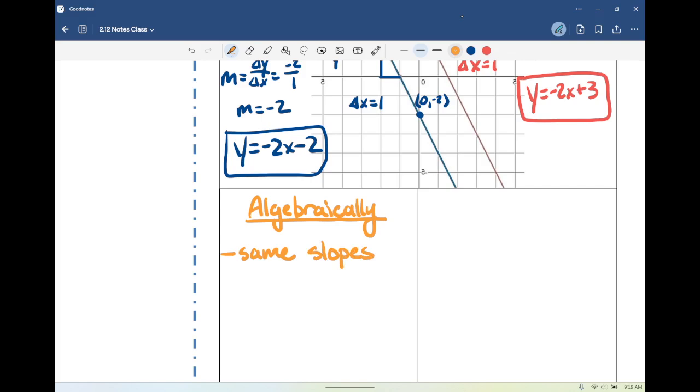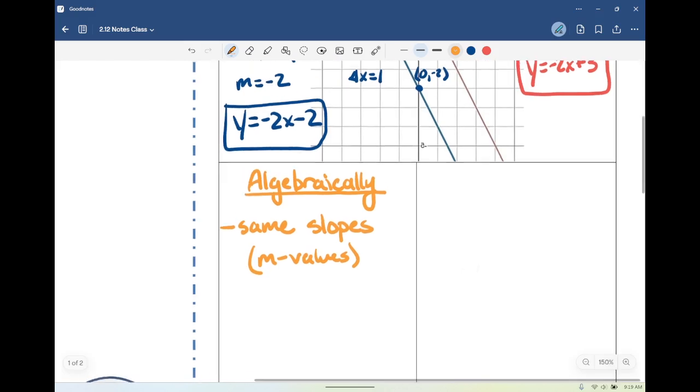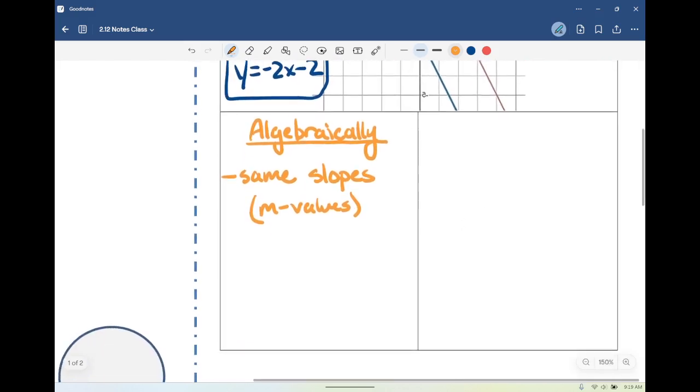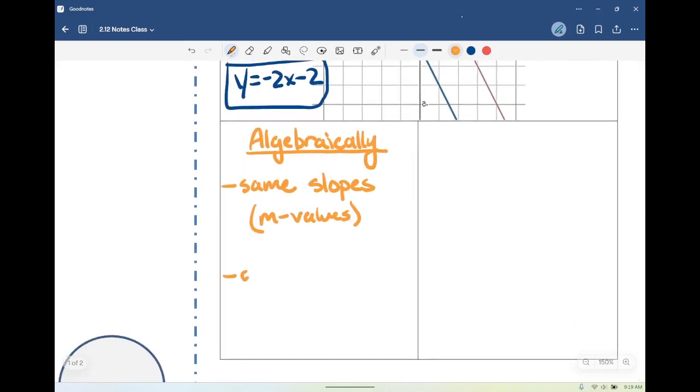Same slopes. Same exact slopes. They're both -2 here. And as a reminder, these are some m values. With this, however, we need to see different y-intercepts, which are our b values.